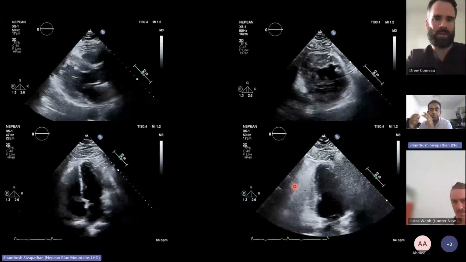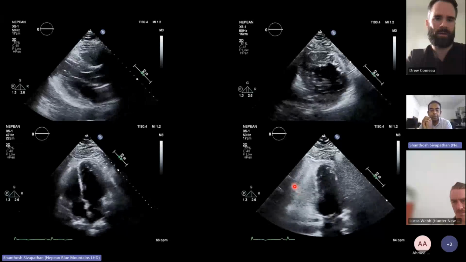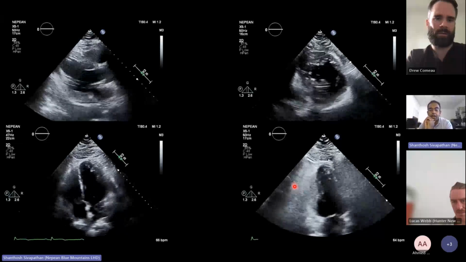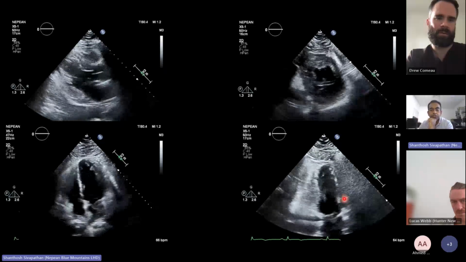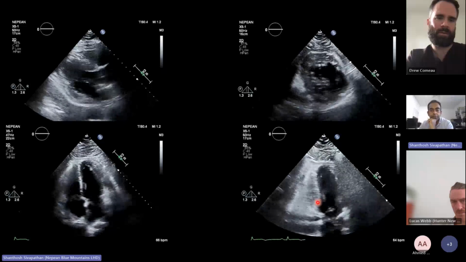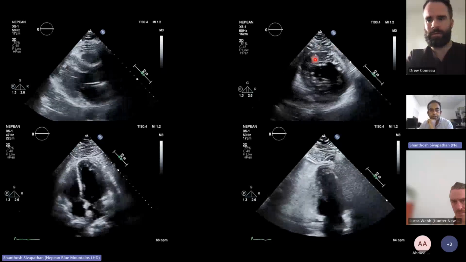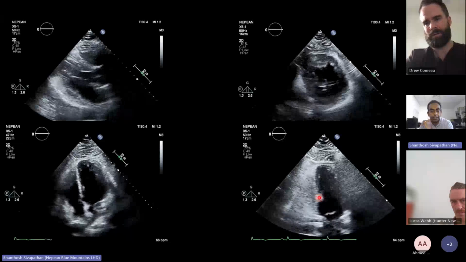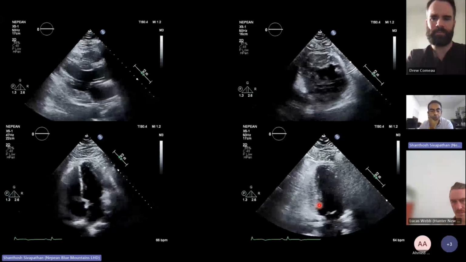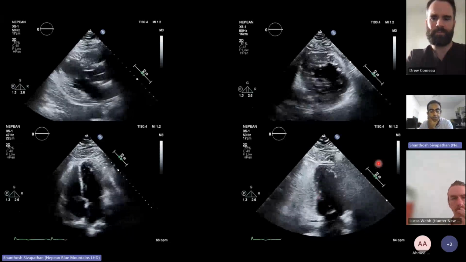Yeah, so I think those points are very clear. And we haven't talked about the thinning and the dilatation of the cavities, and those are very important points. Sometimes if there's thinning, that is another sign that this is more of a chronic process, and this doesn't appear to be the case.